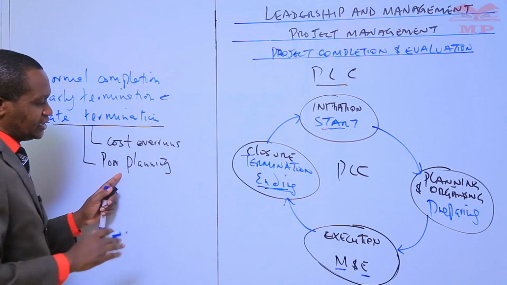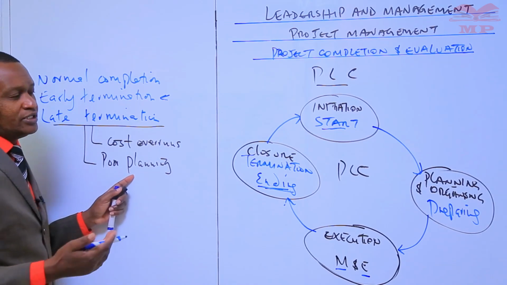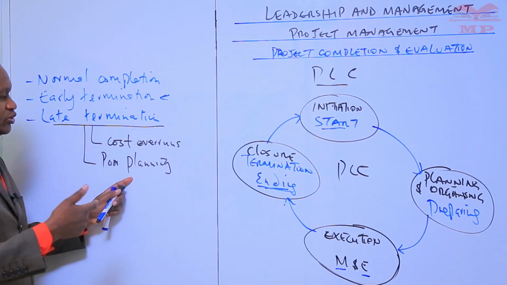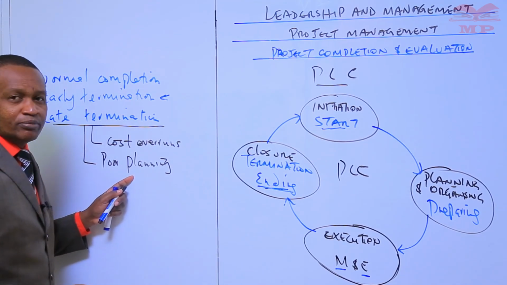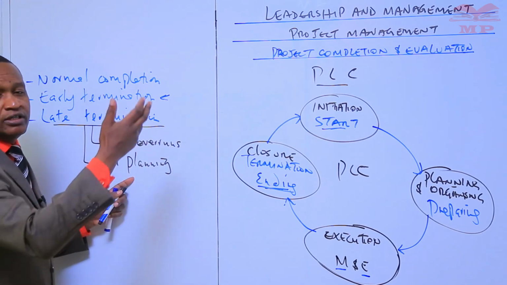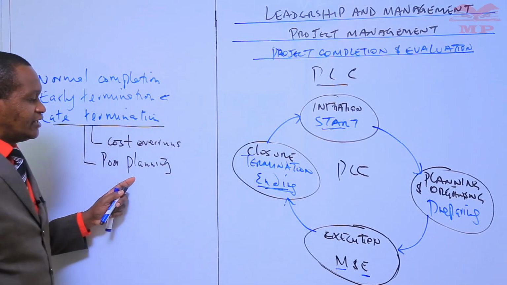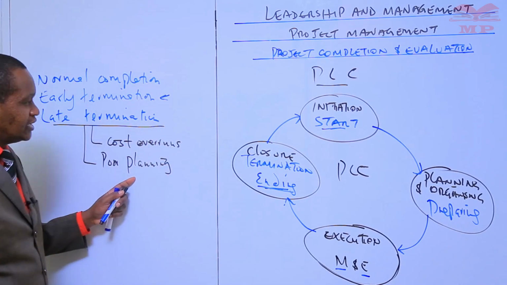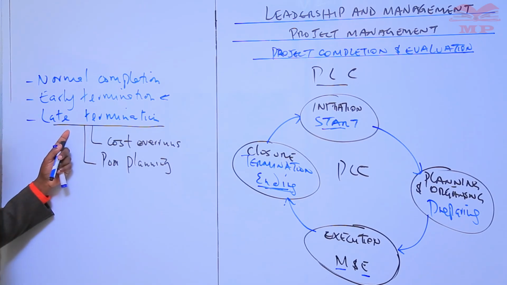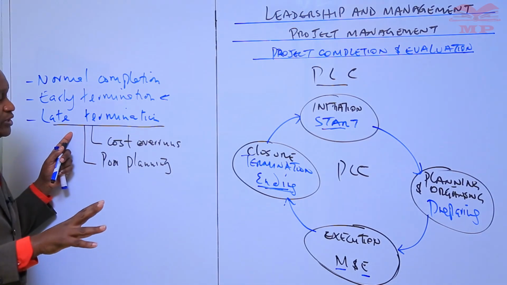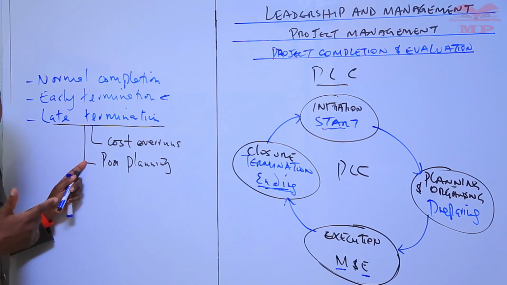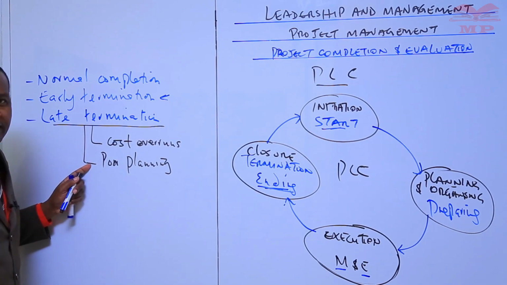So where there is poor planning, that means that maybe the company has not determined where to get the resources and at what time the resources are to arrive. For example, if a company is to import resources and placing orders for resources is done late, then that can delay performance of certain tasks within the project. That will lead to late termination of a project. This is where the project is delayed.